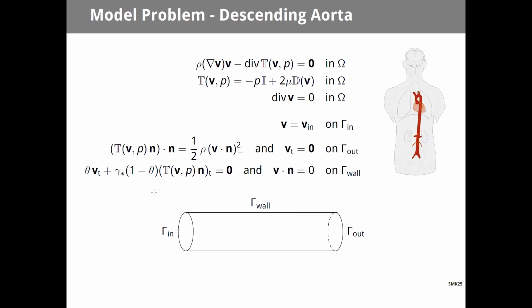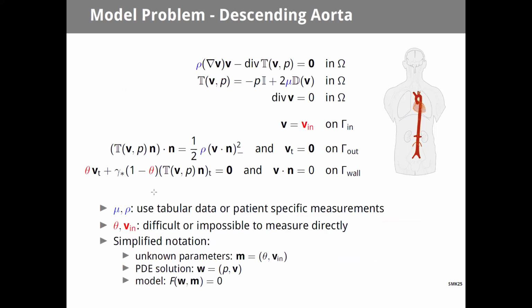So again, consider the same Navier-Stokes, time dependent. You can think of what's called variational data assimilation. For this forward problem, if you know, let's say, the slip parameter and inflow velocity, you can compute the flow. Now you have some information about the flow, so you would like to find these parameters of your equation in such a way that the computed flow is as close as possible to the measured flow.